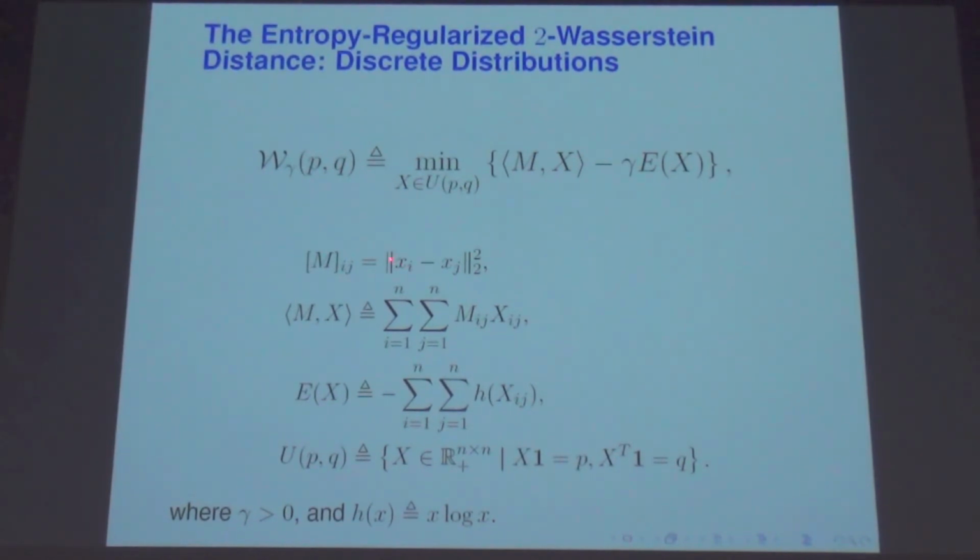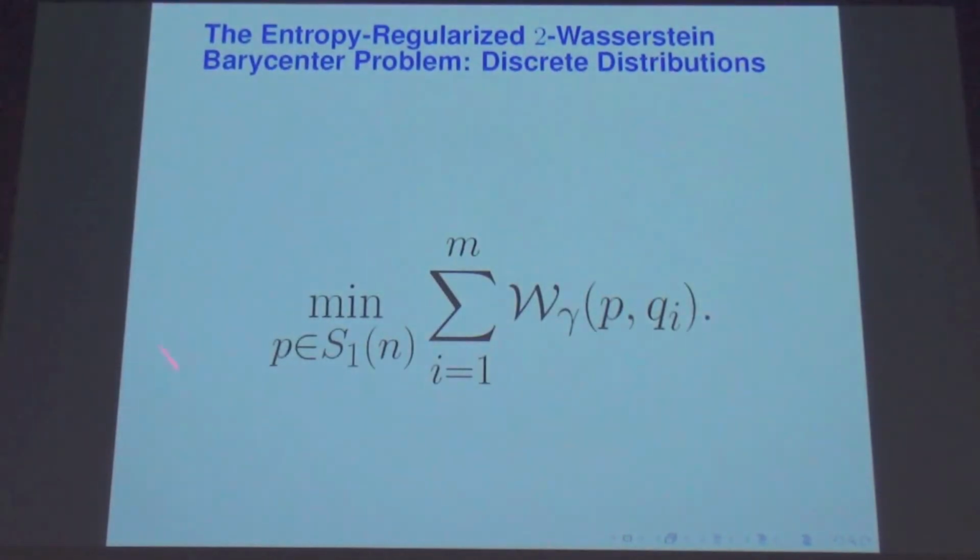M is a matrix of costs between i and j. This is the Euclidean case, but you can have any other form here. And this is the inner product, this is entropy, and this is the space of matrices with marginals P and Q.